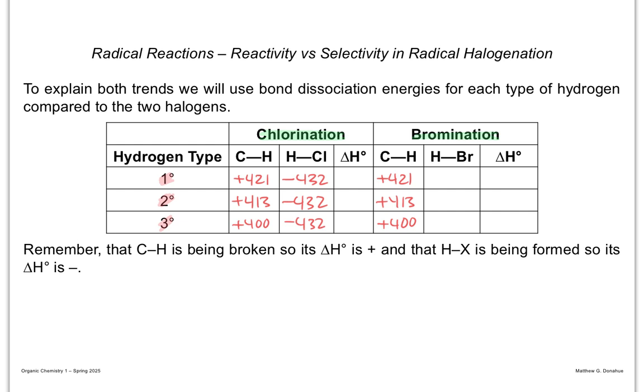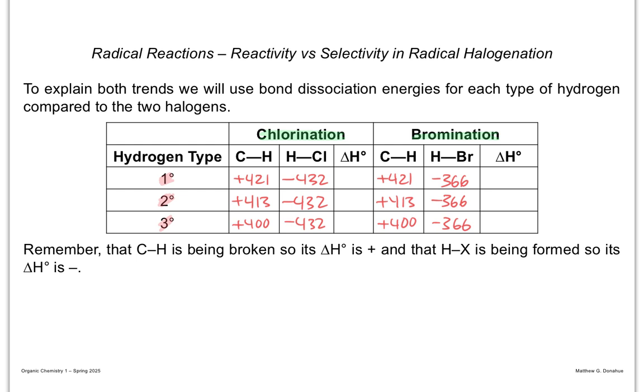So for HBr, that's negative 366. So that value is constant down that column. So again, the type of C-H is constant for both chlorine and bromine. Then when we look at chlorine, the HCl value is constant. We look at bromine, the HBr value is constant.